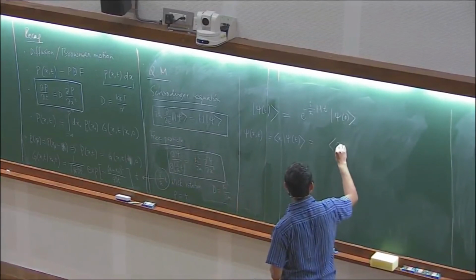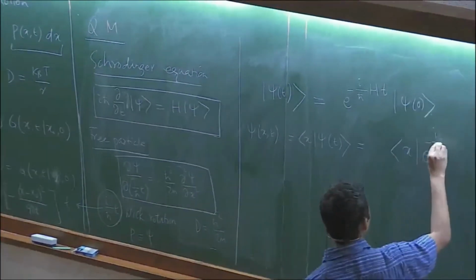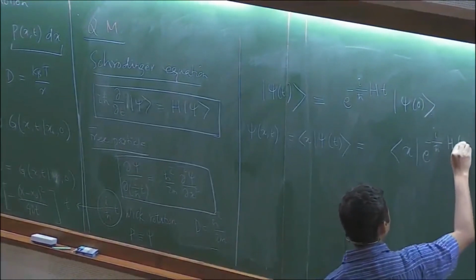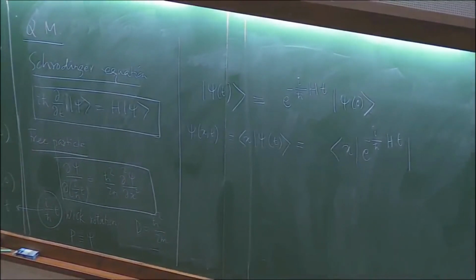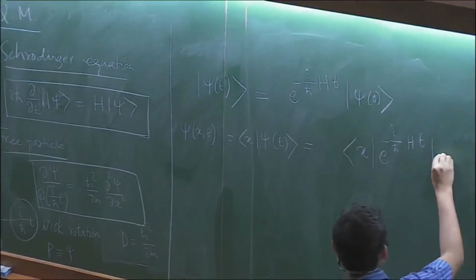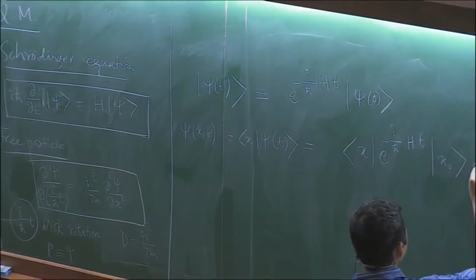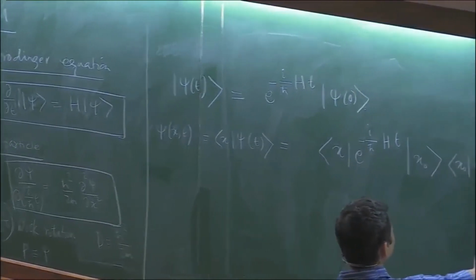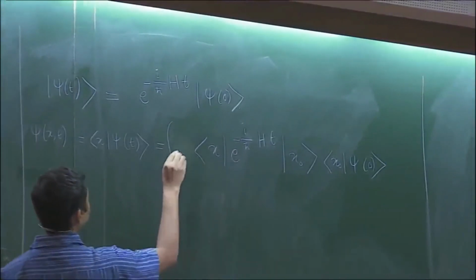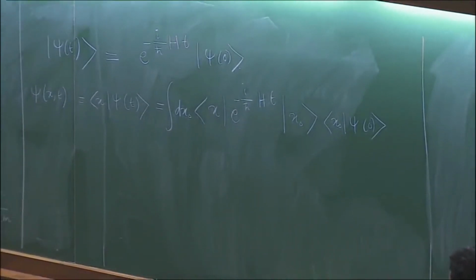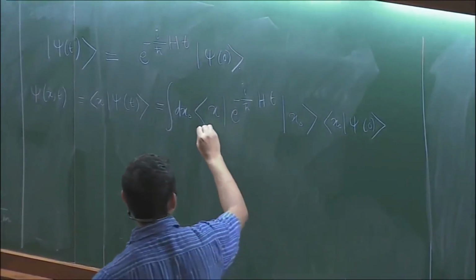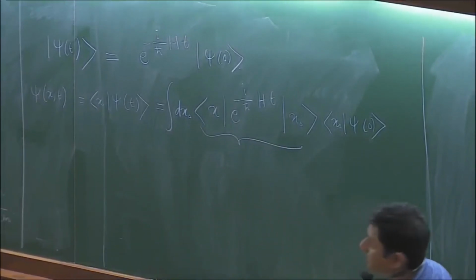So this is x e to the power minus i by h cross Ht. And this one again I can write in the position basis. This is what you have. What is it called? It's just a propagator.